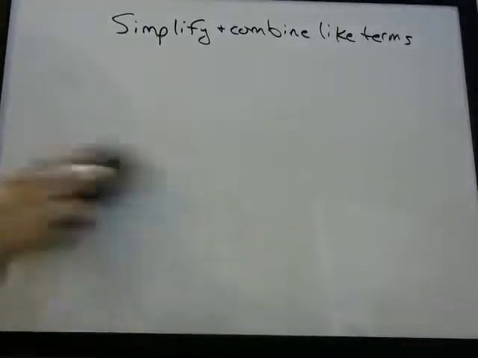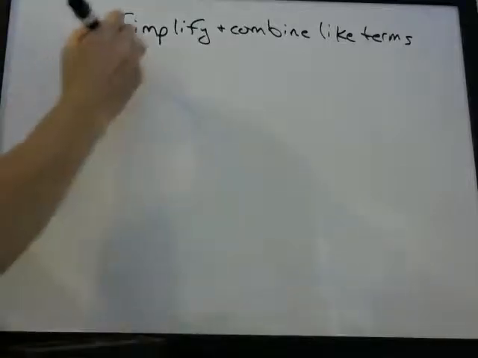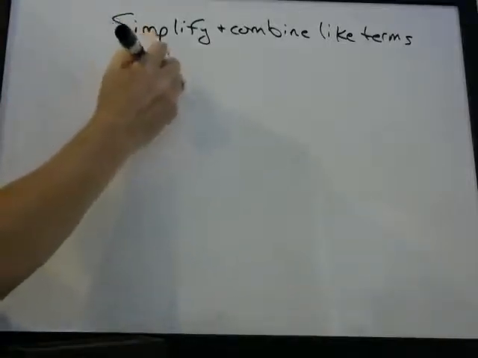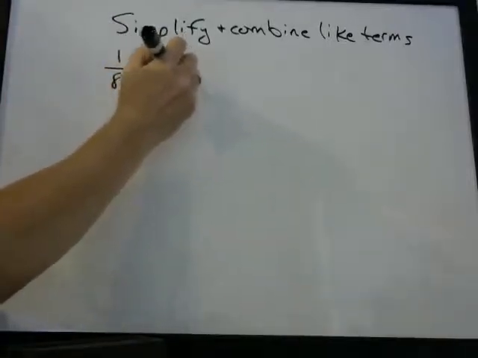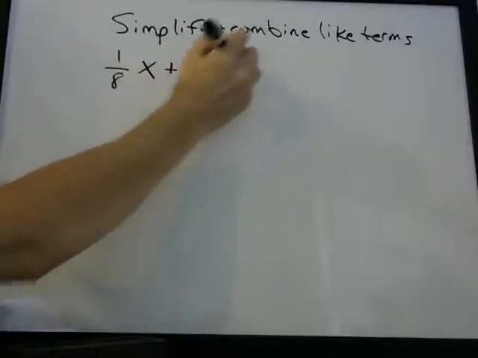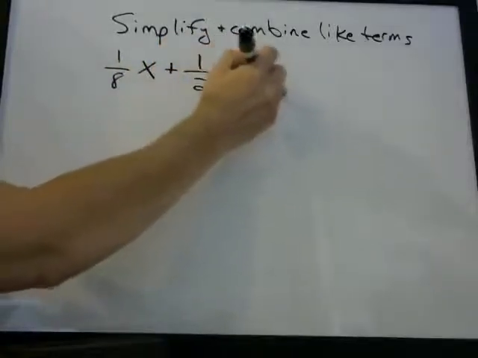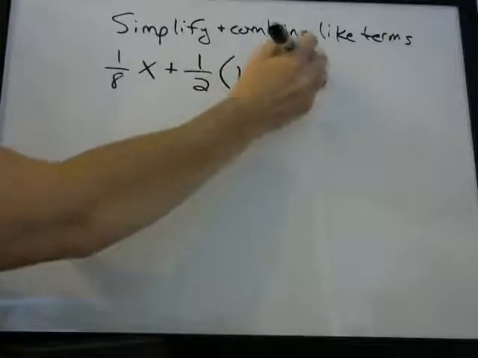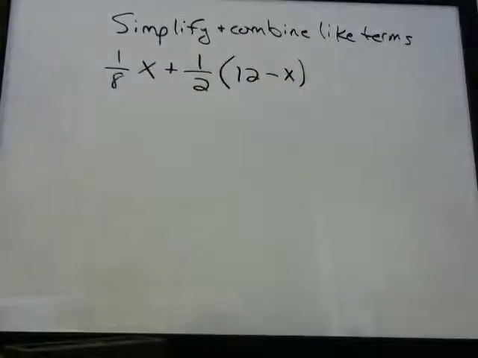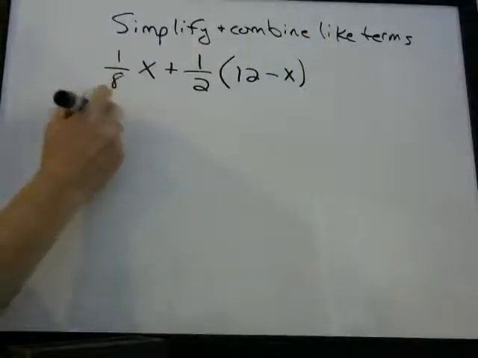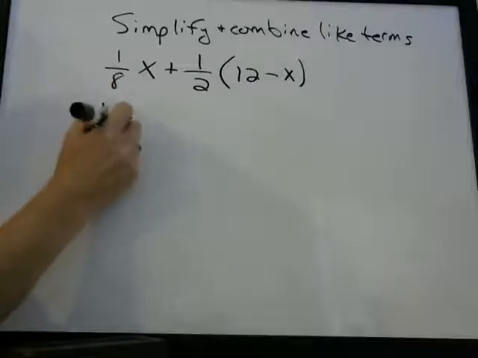We'll do another one. Say we have 1/8 x plus 1/2 times 12 minus x. Here, 1/8 x, we can't do anything more with that right now, so we keep that.